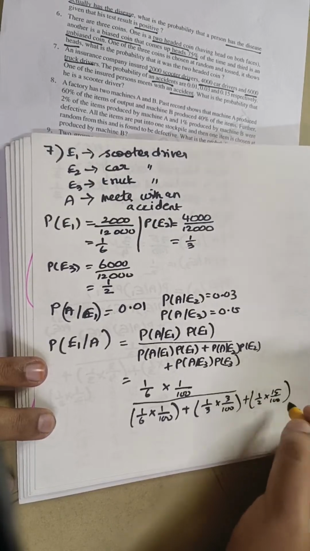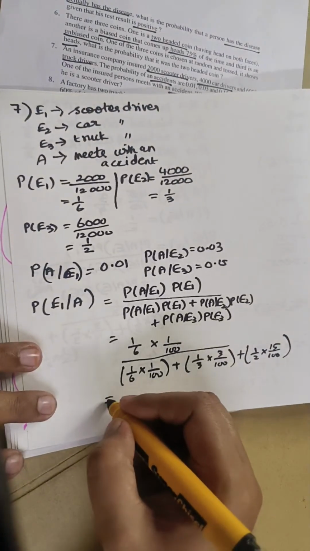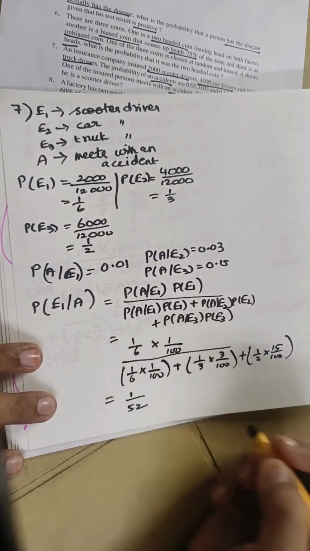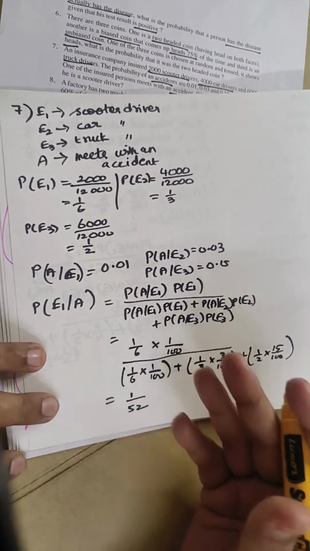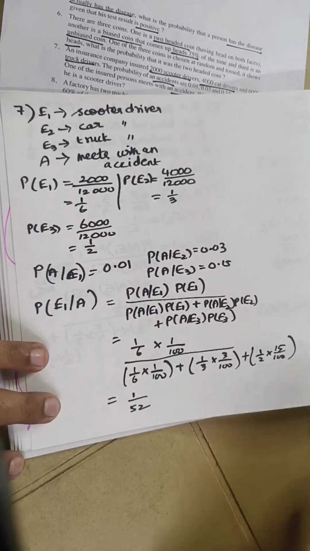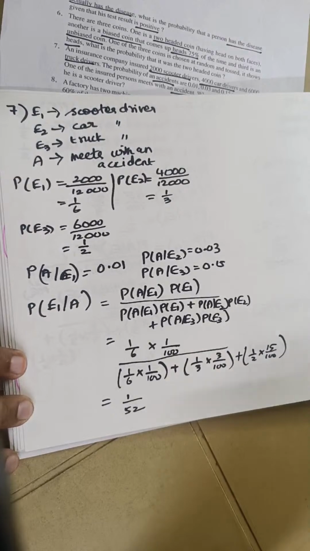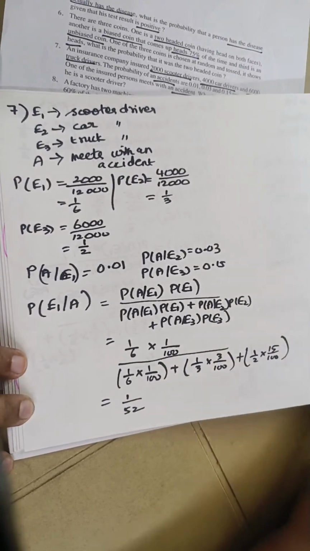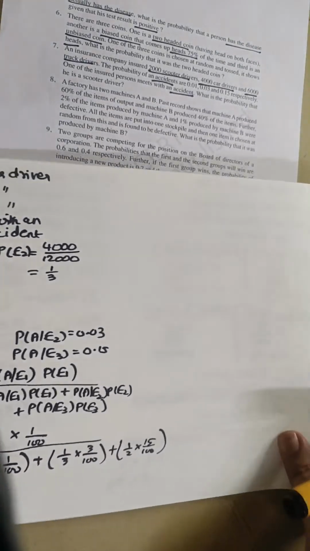Okay, it's up to you, the simplification part. Not necessary to follow the way what I am doing. You can have it as a decimal, you can add and divide, or you can convert to fraction. Okay, so final answer is 1 by 52.